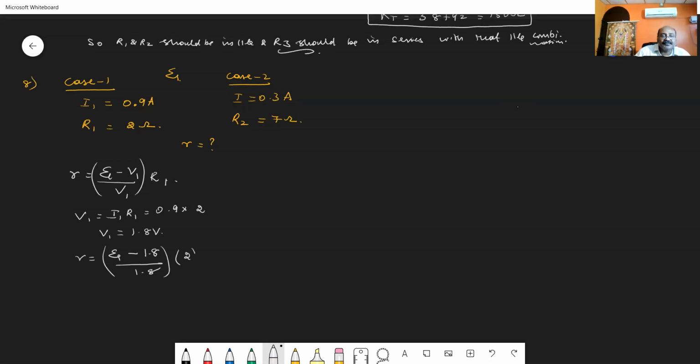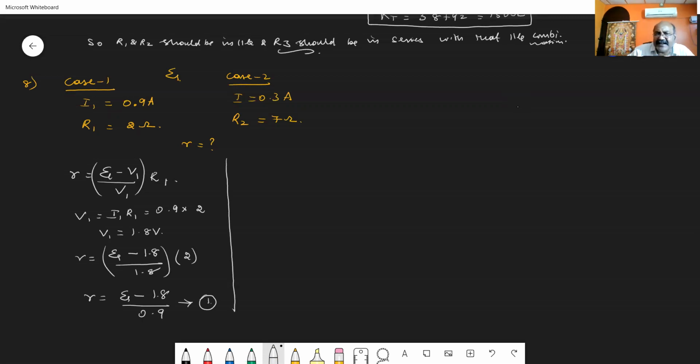R1 is 2. So simplify this equation. Internal resistance is (E minus 1.8) divided by, when I am dividing, I can get 0.9. Take this as equation number 1. This is for case 1.